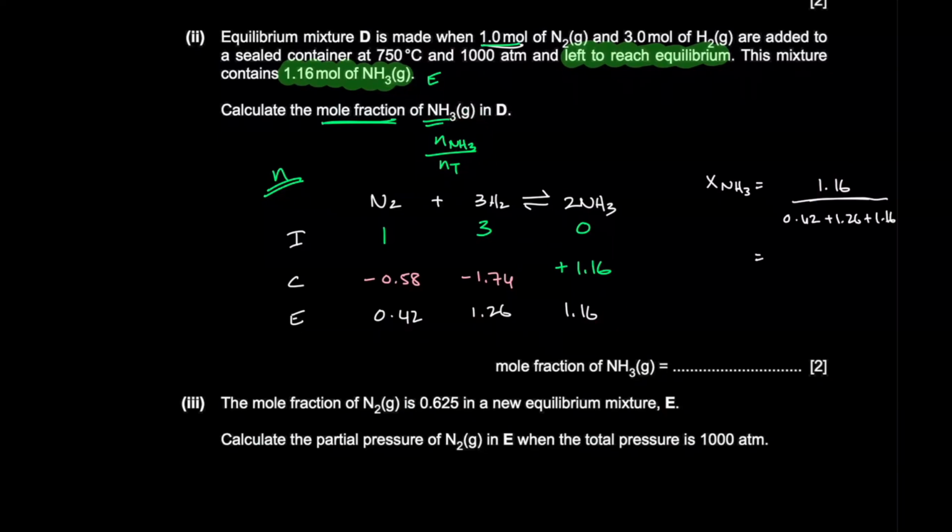So 1.26 plus 0.42 plus 1.16 gives you 2.84. Okay, and then you do 1.16 divided by 2.84. That would give me 0.408 as the mole fraction of ammonia.